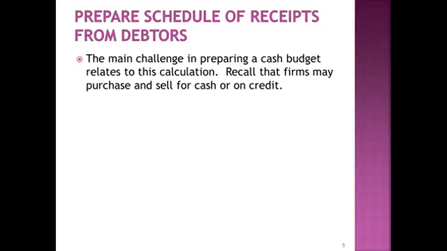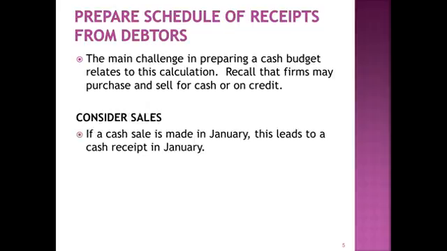If you remember back to when we did business transactions, we saw that firms may purchase and sell for cash or on credit. If we consider sales, if a cash sale is made in January, this leads to a cash receipt in January. If a customer comes in and pays cash in January, we make the sale in January and we get the cash in January.